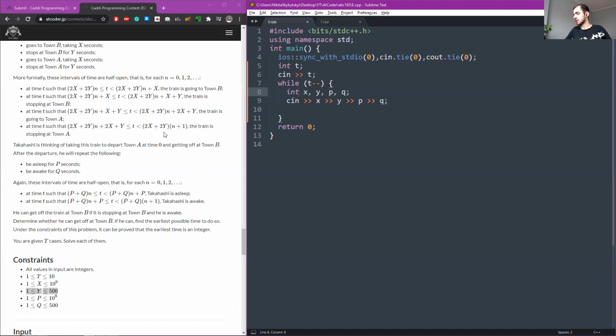Because my simulation that I have in mind suggests the following: we just process events one by one. Whenever, for whatever reason, we get back to the original state, then it's not possible for him to do anything about it because we are in a loop.